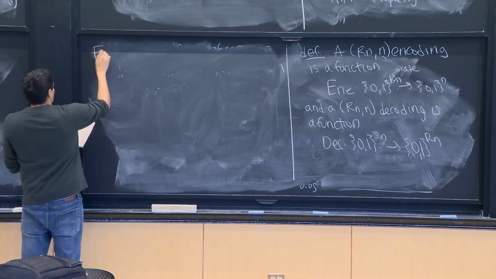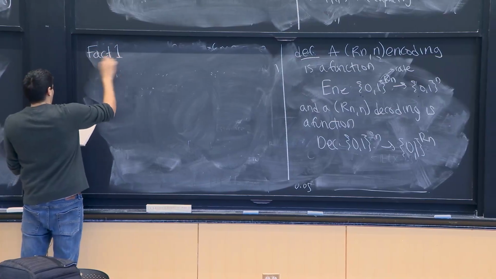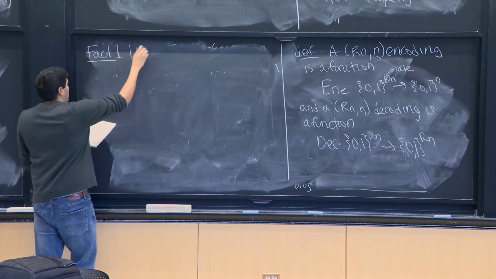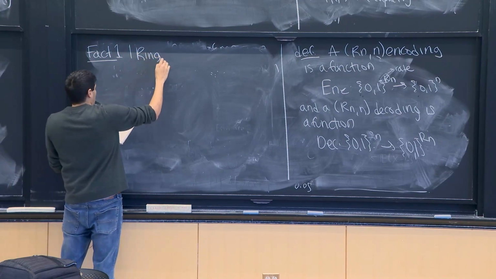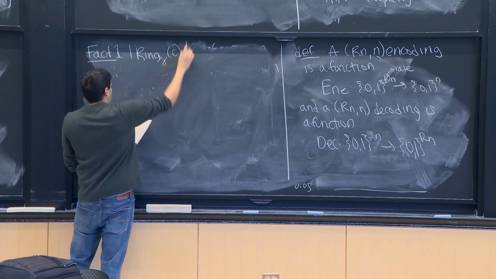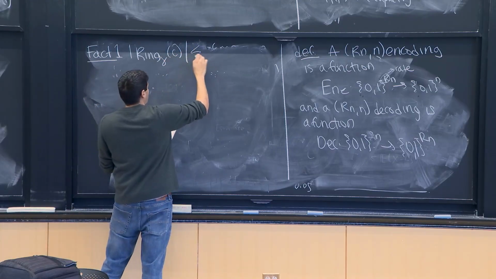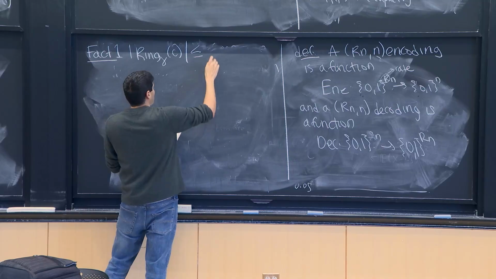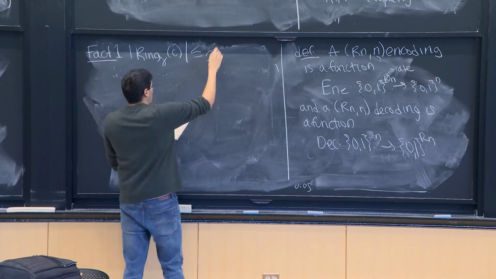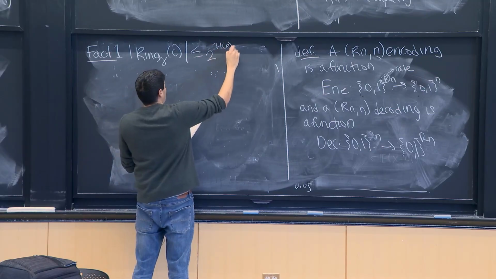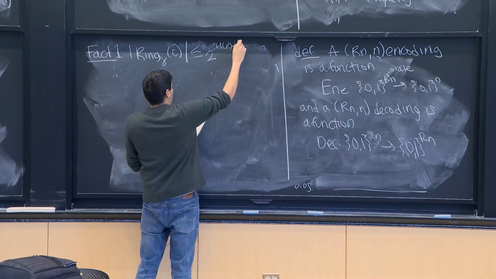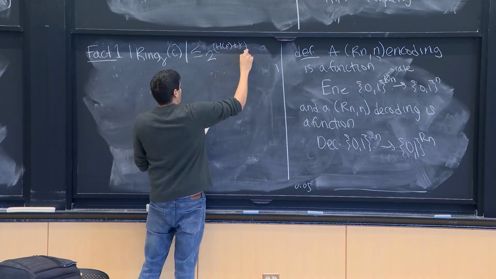But let's state one of our key facts, fact 1. Well, I claim that the size of the ring gamma of C, the number of strings contained in this set, is bounded by 2 to the entropy of p plus or minus gamma times n.